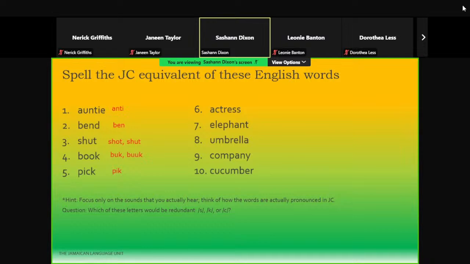We have the short A in the first syllable, and then the short E in the second syllable, T. So that one is perfect. Number two, the pronunciation that I gave you was ben. If you notice in the Jamaican pronunciation, that final D sound that's pronounced in the English is not pronounced in the Jamaican pronunciation. So instead of bend, you get ben. So this one also pretty good.